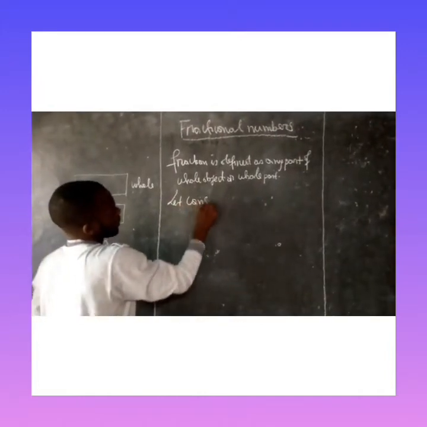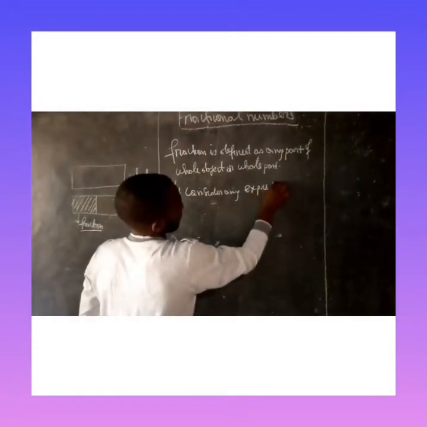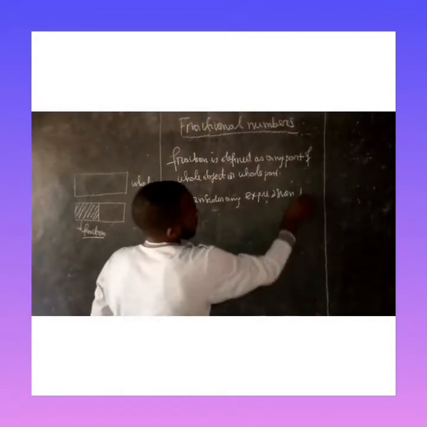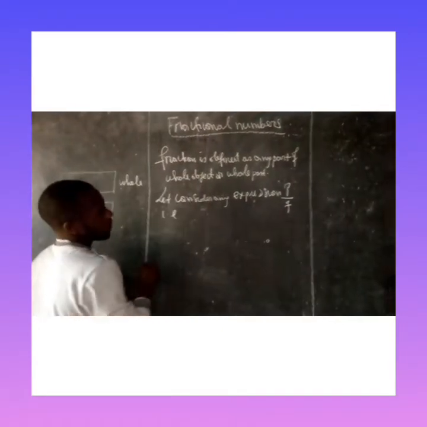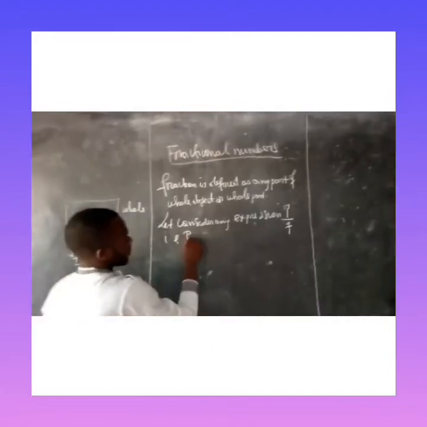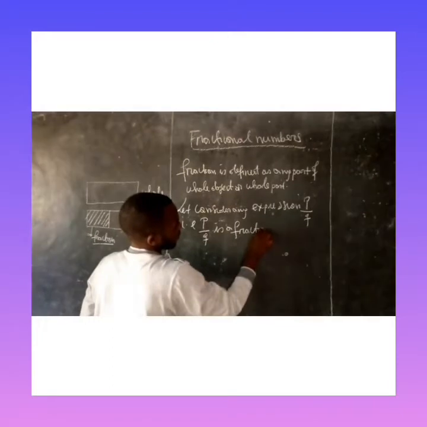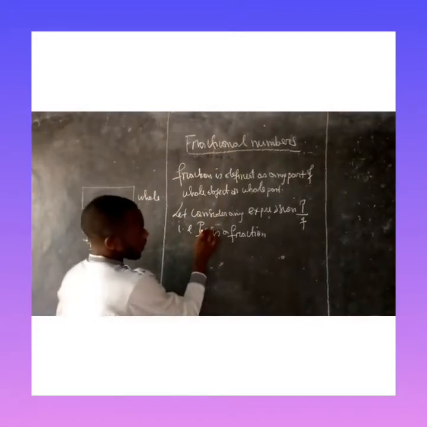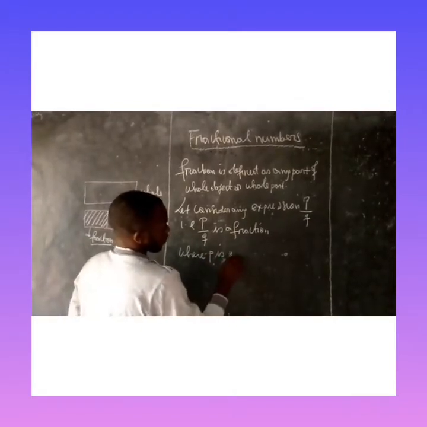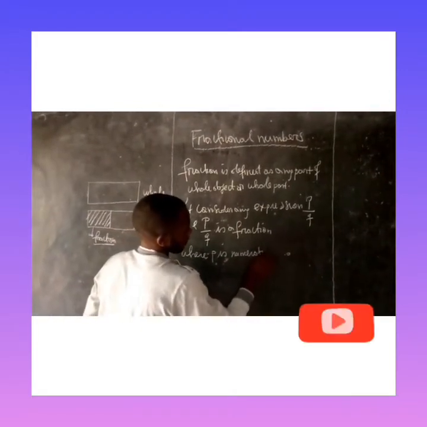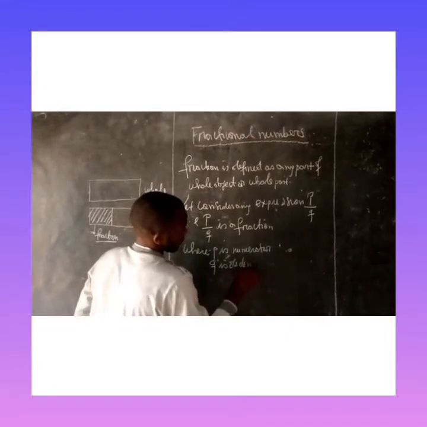So then let's consider any expression. P over Q is a fraction, where P is called the numerator, while Q is what you call the denominator.